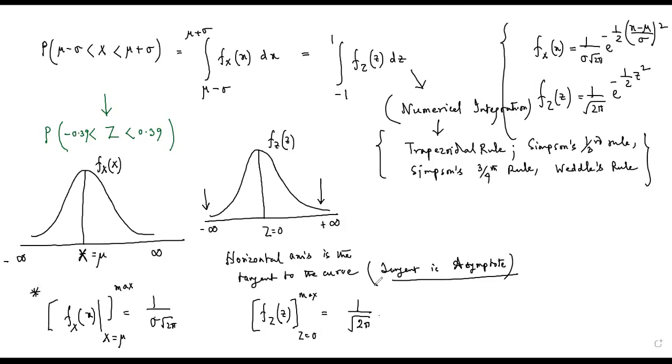So these two values are actually called the mode value with respect to x and with respect to z. This is sometimes asked during the examination, so you have to remember this also.